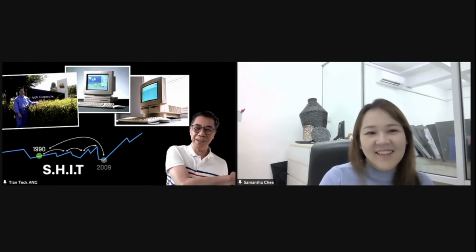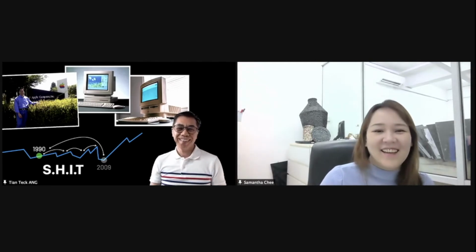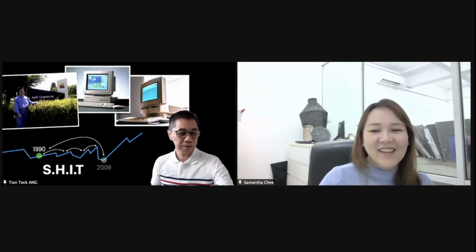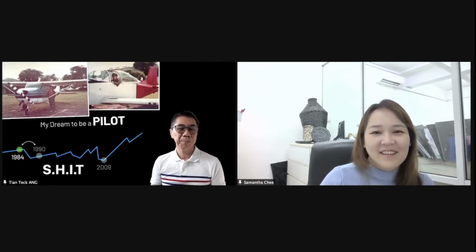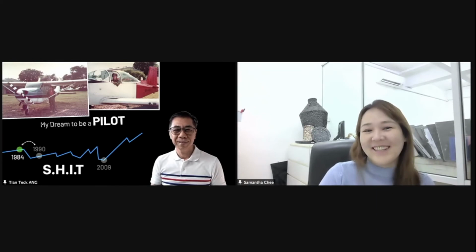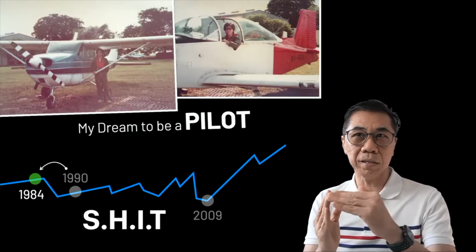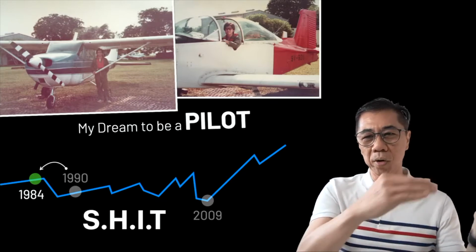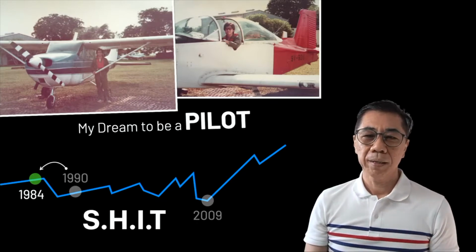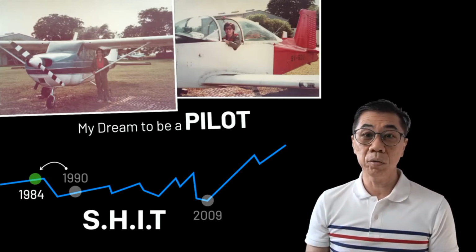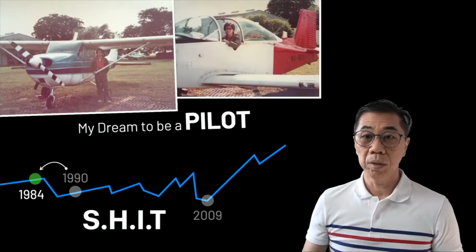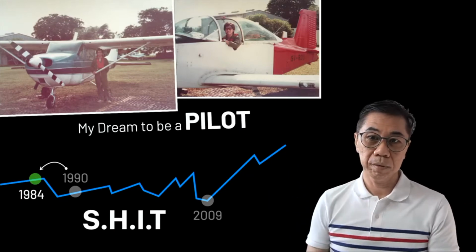Let's go back to the past, and then also talk about what happened in my dream. So at least here visually you can see I zoom back and then I move forward again. Whereas without the visual, you need to imagine what I'm talking about.